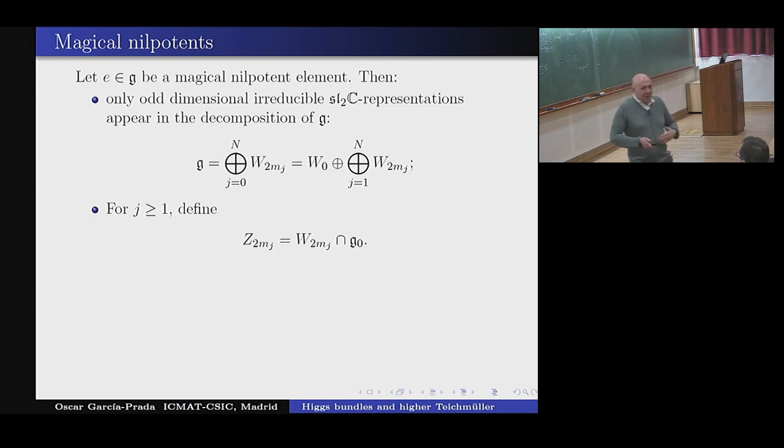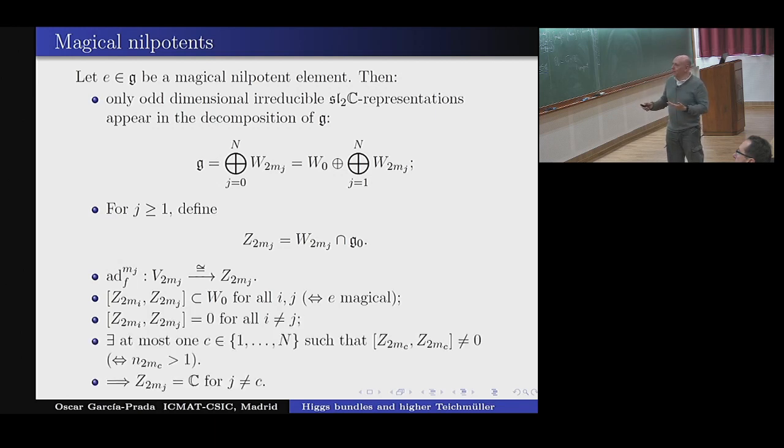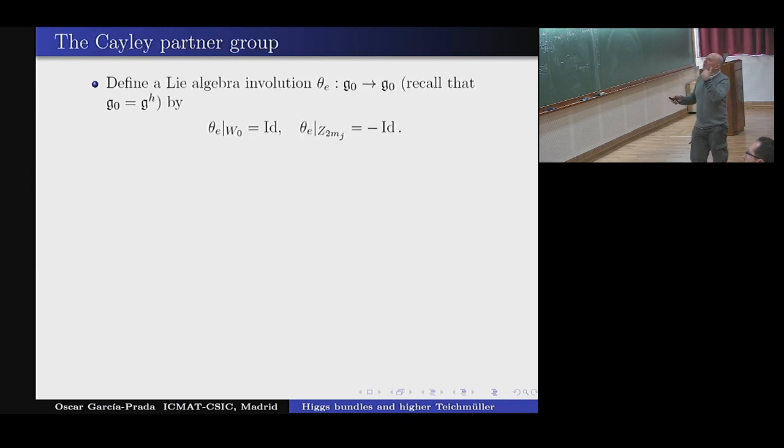There is a Lie theoretic yoga that is a little bit technical, so I will go quickly through it, from which you can extract these numbers, mj and mc, that appeared in the Cayley correspondence. Perhaps a more interesting thing is to get to how you actually identify the Cayley group.